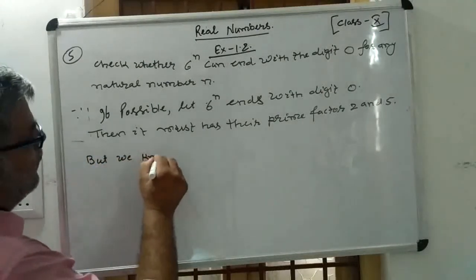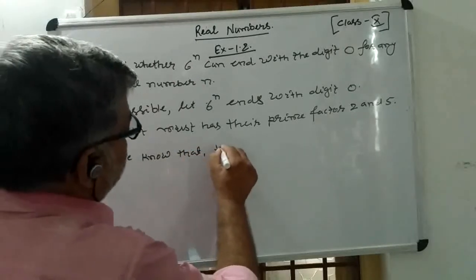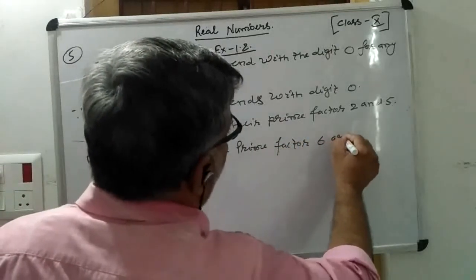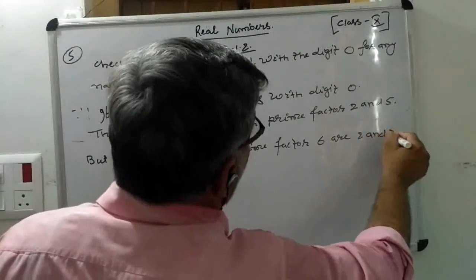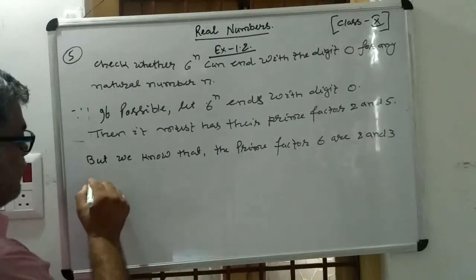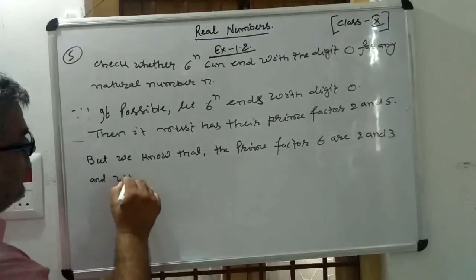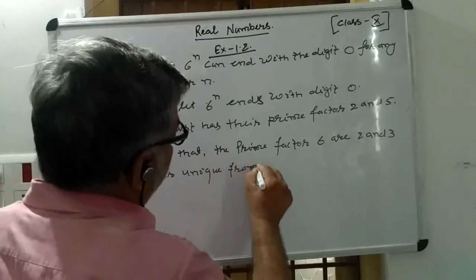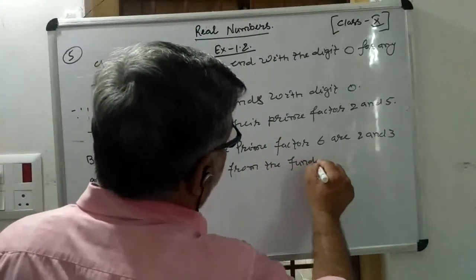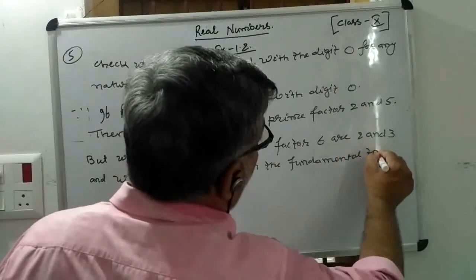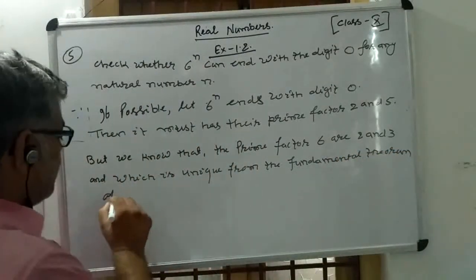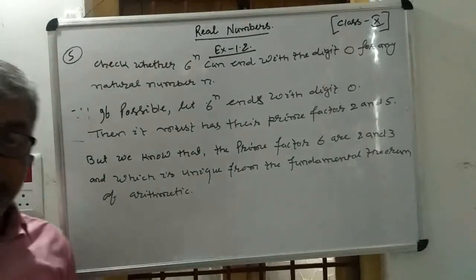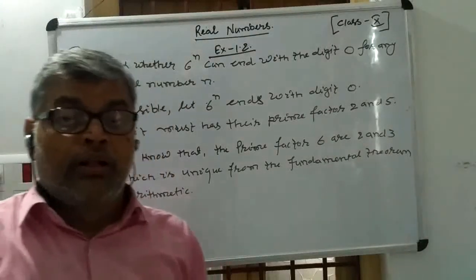But we know that the prime factors of 6 are 2 and 3 only, which is unique from the fundamental theorem of arithmetic, which we have learned, that every number has unique prime factors.